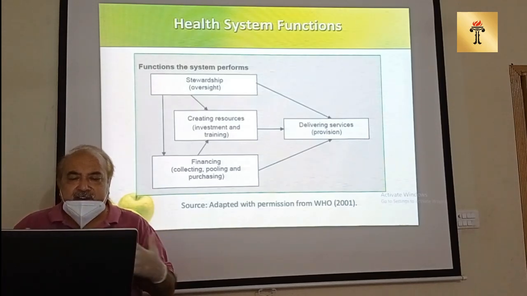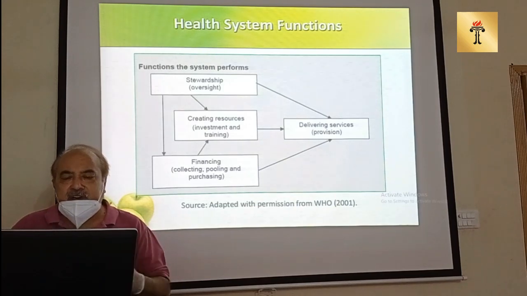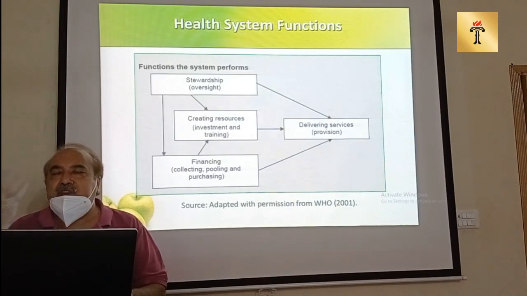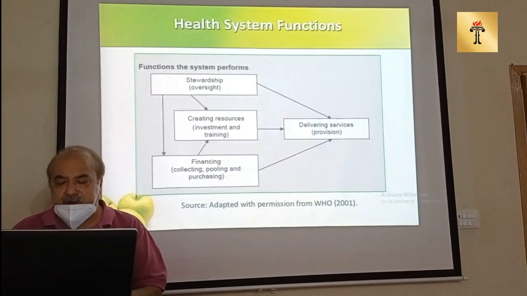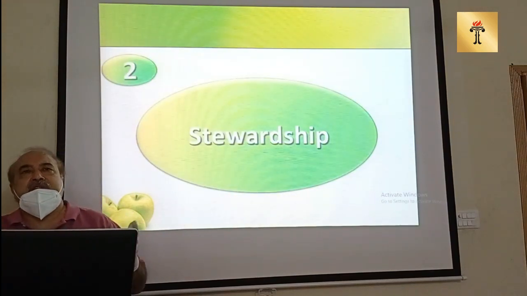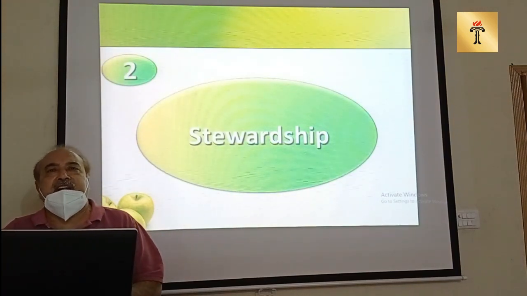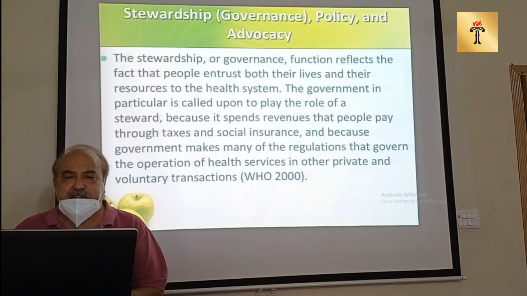Then there are the resources, investments and financing, and collecting, pooling and purchasing, and then the delivery systems, that is the provision of the healthcare services which reach the public. Now we discuss the different health system functions in detail, and the first is the stewardship.